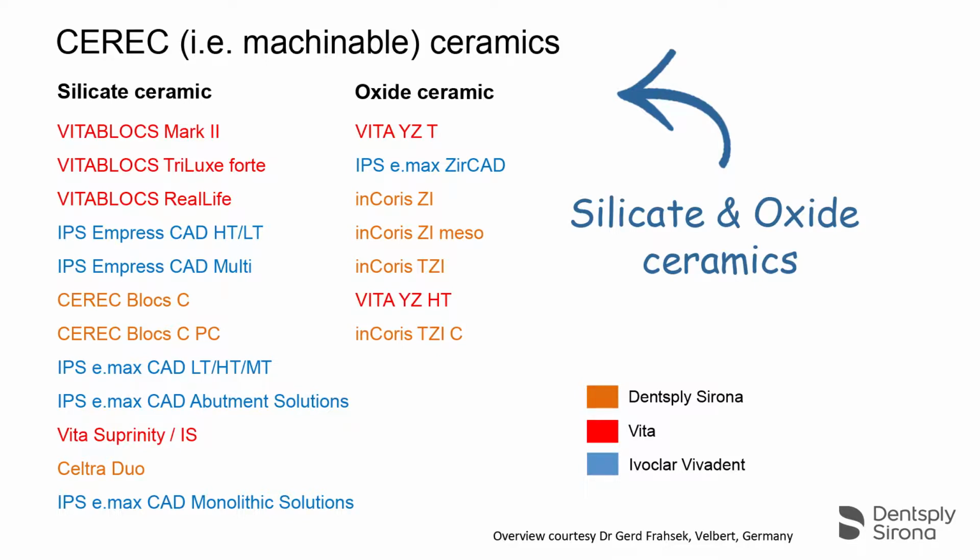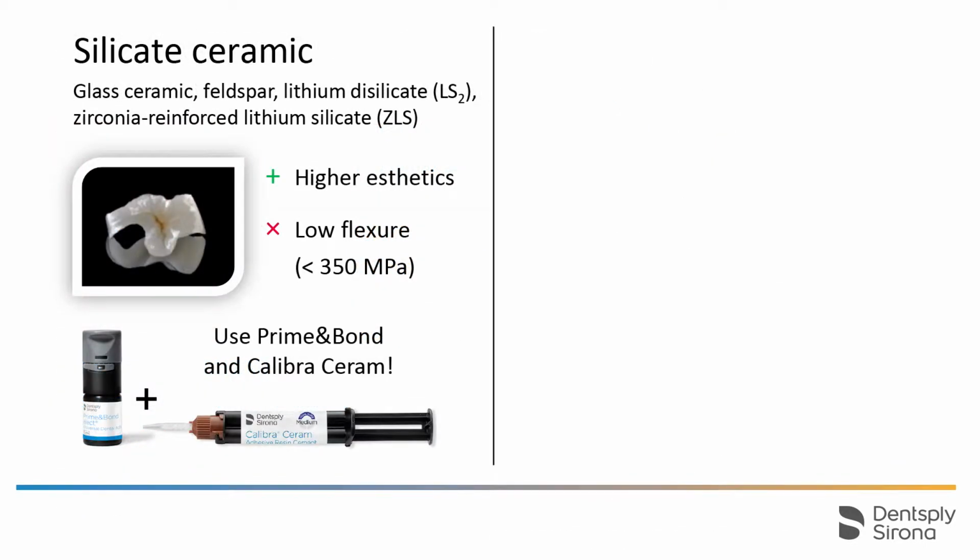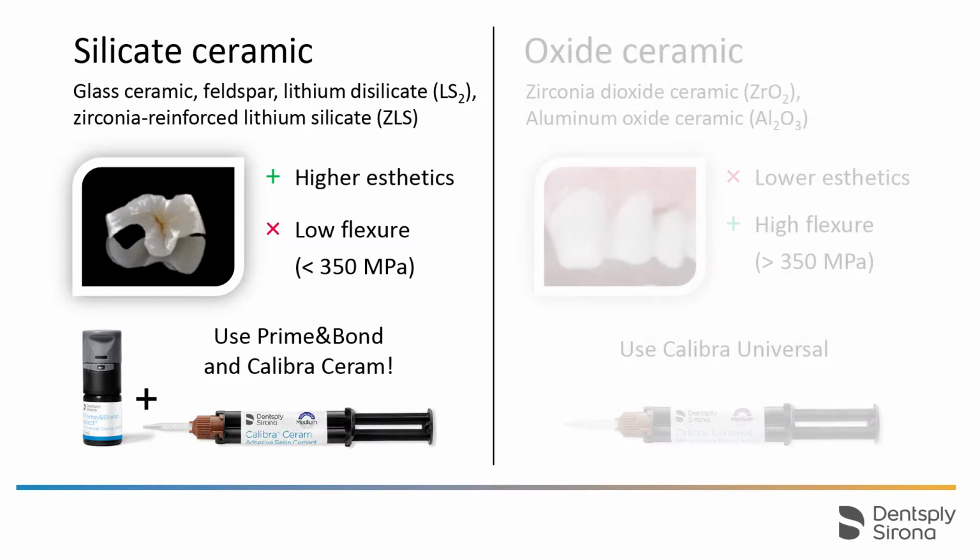Either the product is a so-called silicate ceramic or an oxide ceramic. Silicate ceramics are popular due to their outstanding aesthetic properties. They are mainly used for restoration of single teeth. Unfortunately, they are mainly brittle and therefore fracture easily. For this reason, they must be cemented using an adhesive resin cement.